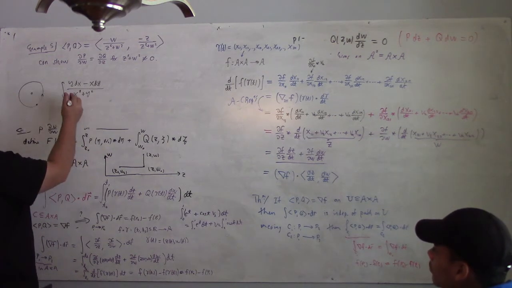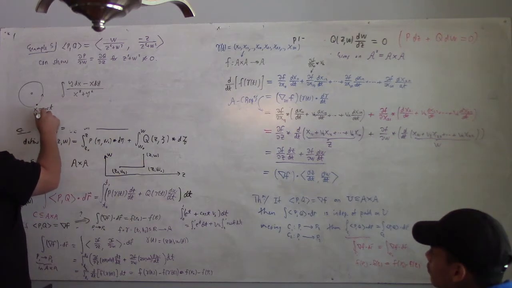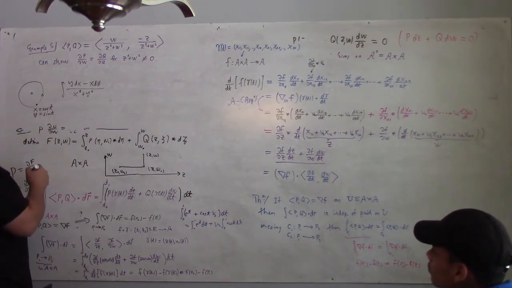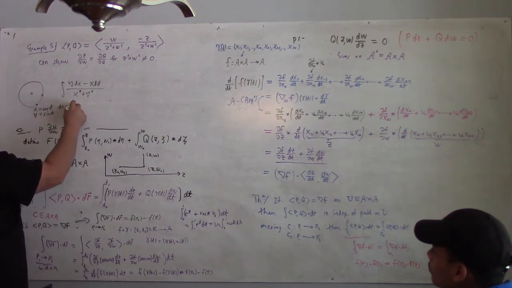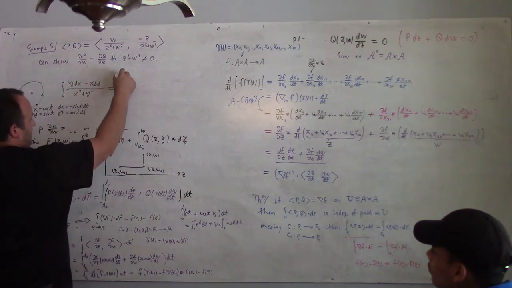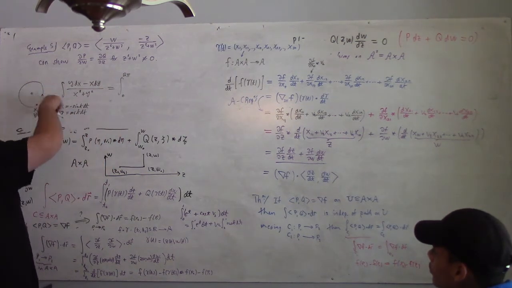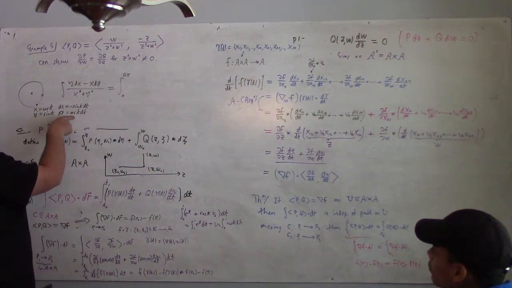And this integral along the unit circle, right? So you just put x equal to cosine t, y equal to sine t, that's a parameterization of the thing, and so that's 1, and dx is minus sine t dt, dy is cosine t dt. So you actually get the integral from 0 to 2 pi, and y dx gives us a minus sine squared, and minus x dy gives us a minus cosine squared.